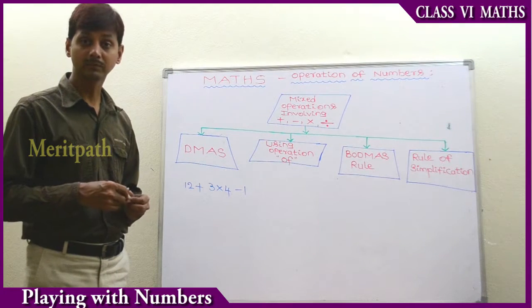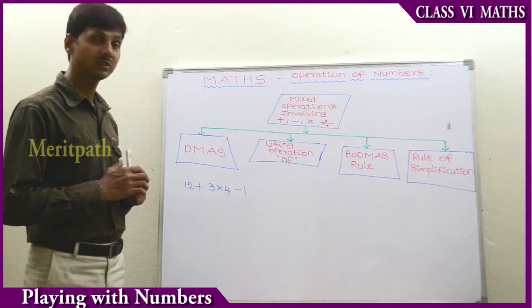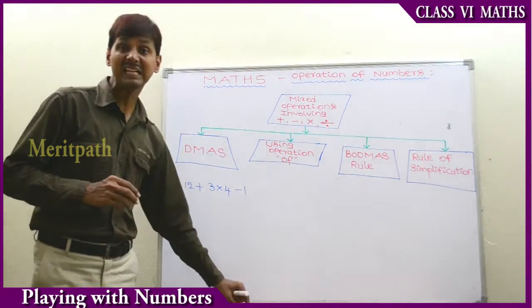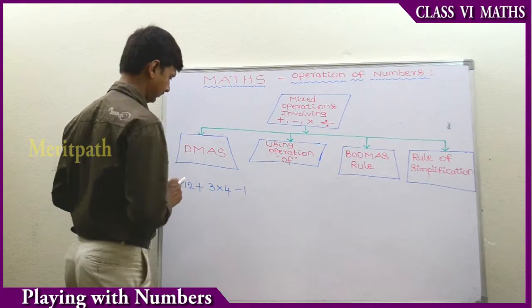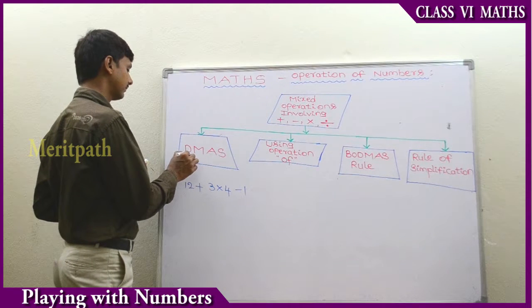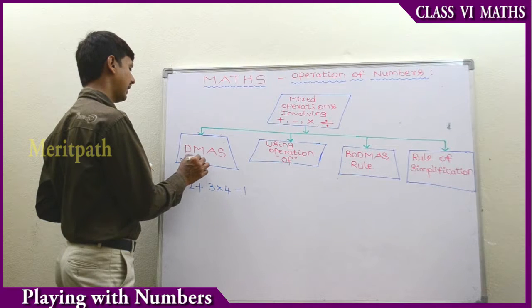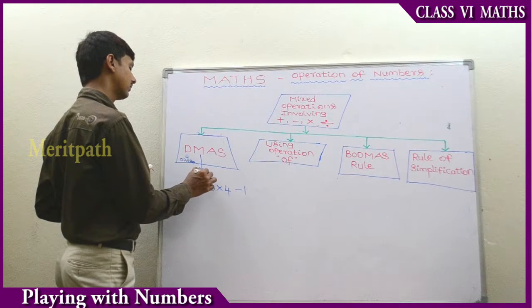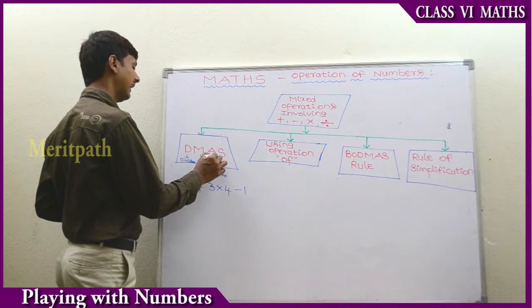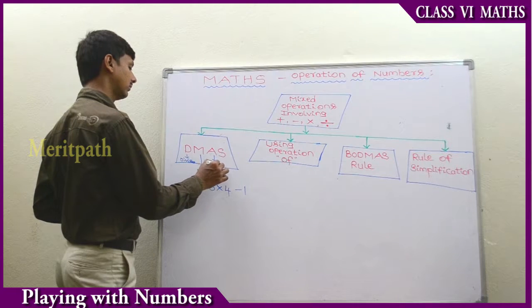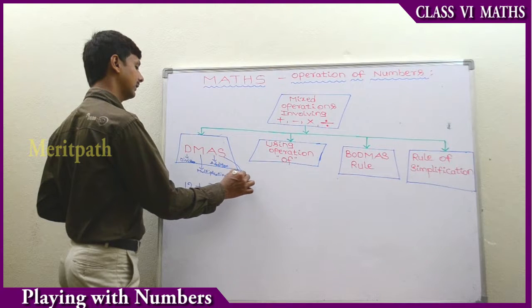Then we need to use the rule of DMAS. D stands for division, M for multiplication, A for addition, and S stands for subtraction.